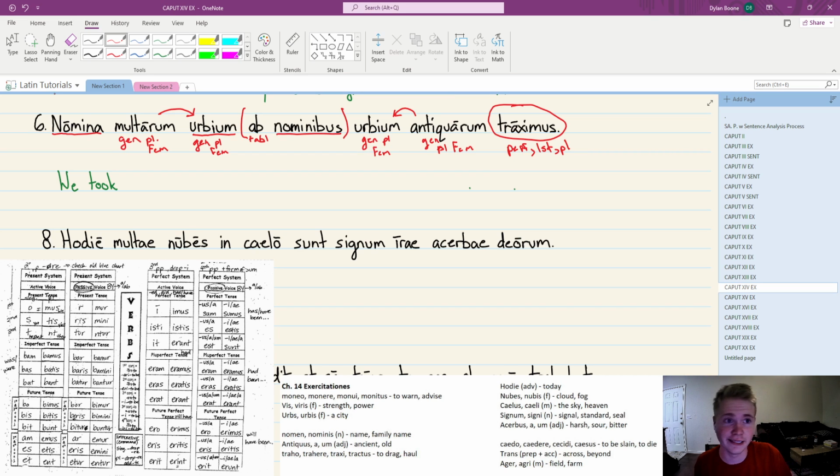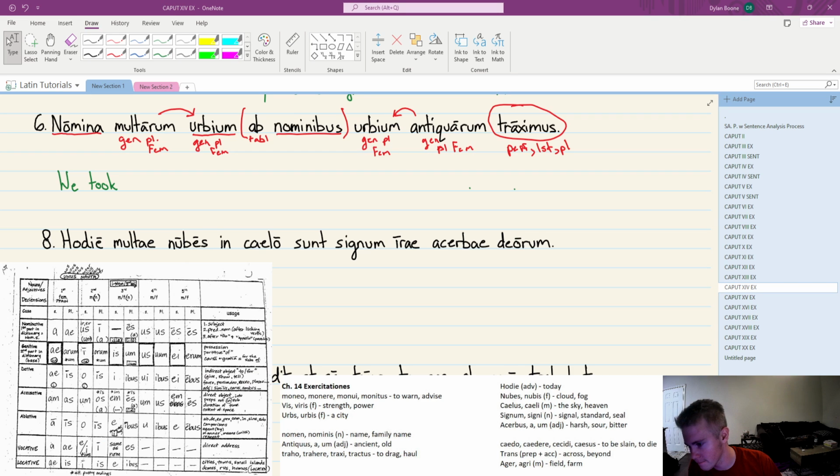So, all right, starting with the first word of the sentence now. Nomina comes from nomen, nominis, third declension noun, neuter. So we take the parentheses endings in my chart. I'll throw that up for you. So third declension parentheses endings nouns, we could be either nominative plural or accusative plural, right?